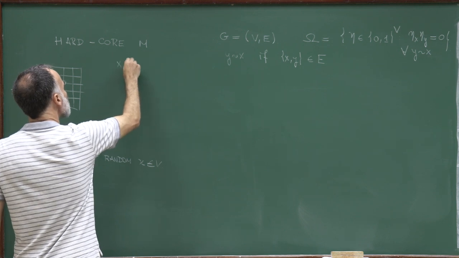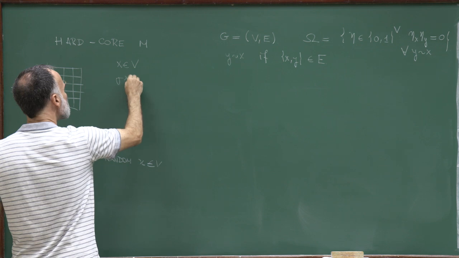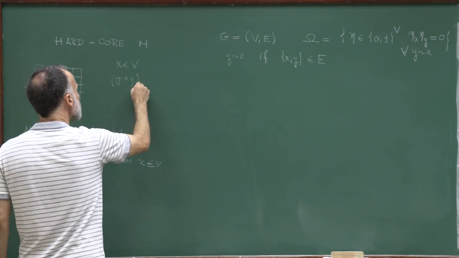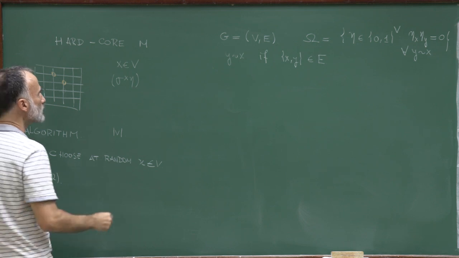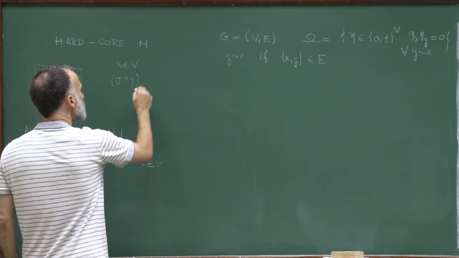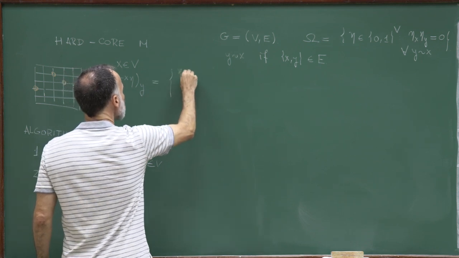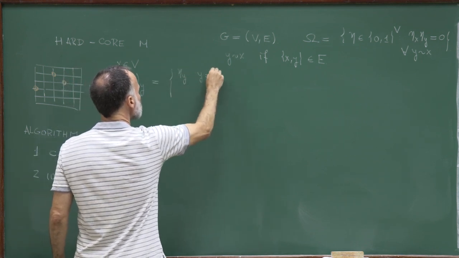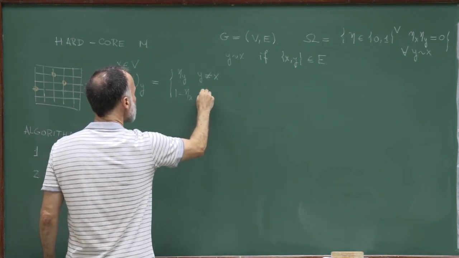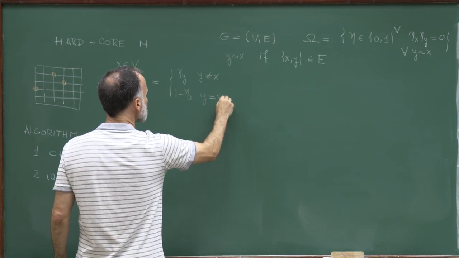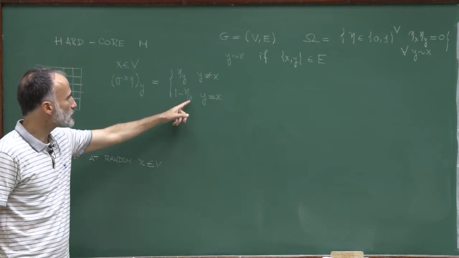If x is a vertex, let me represent by sigma_x of eta a new configuration. Eta is a configuration, sigma_x of eta is a new configuration. Its value at y is equal to eta_y if y is different from x, and it's equal to 1 minus eta_x if y is equal to x. This means that I'm flipping the configuration at x.